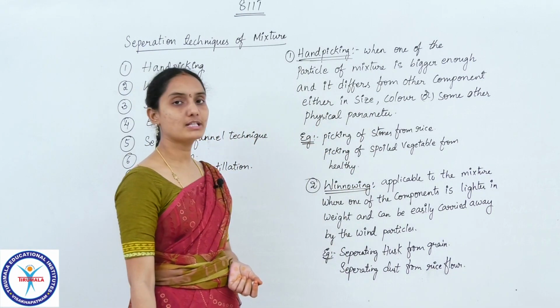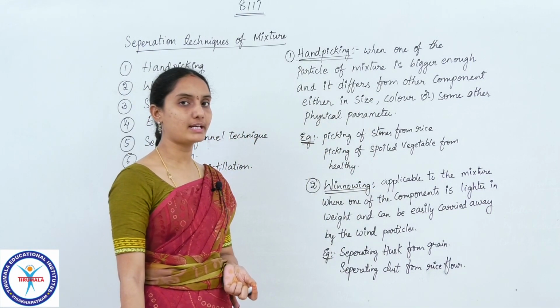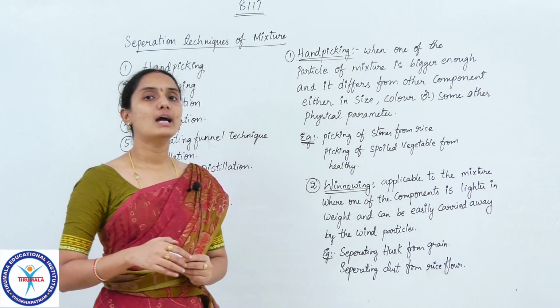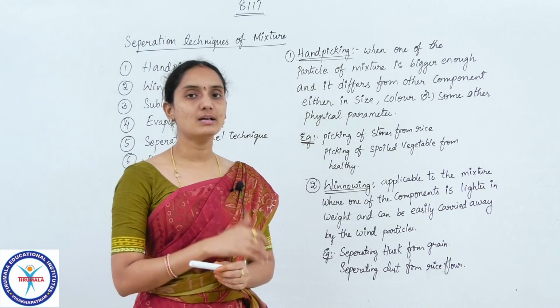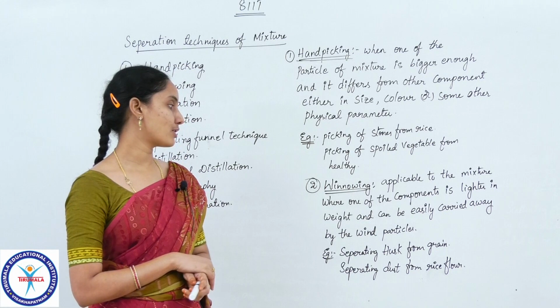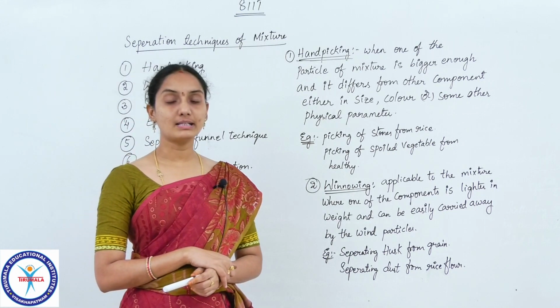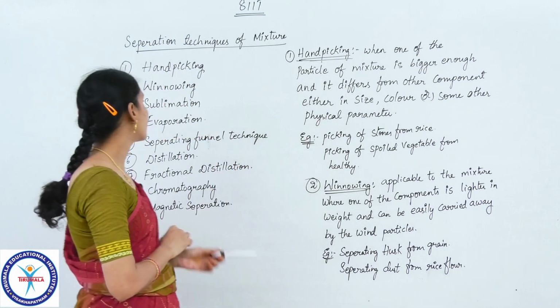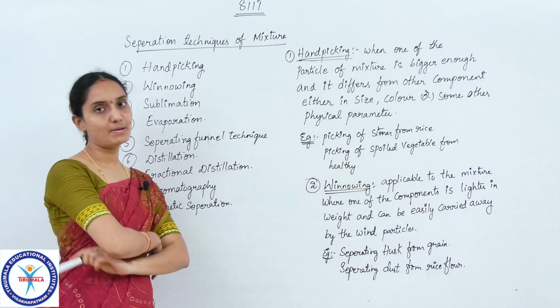So in these two conditions we use the winnowing technique, where the lighter particles of the mixture are carried away by the wind and the heavier particles remain there itself. So here the factor of separation of the components of the mixture is whether they are lighter or heavier in weight. Now let us go with the third technique, that is sublimation, children.